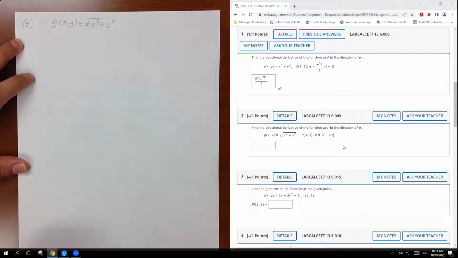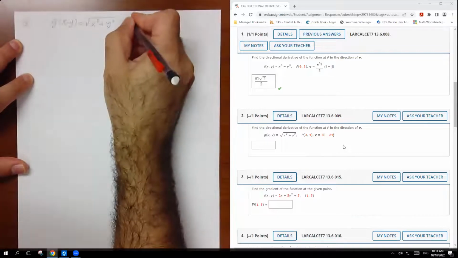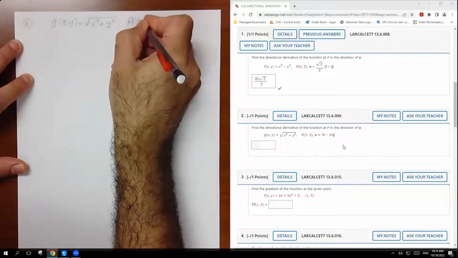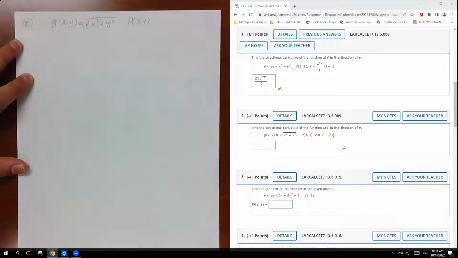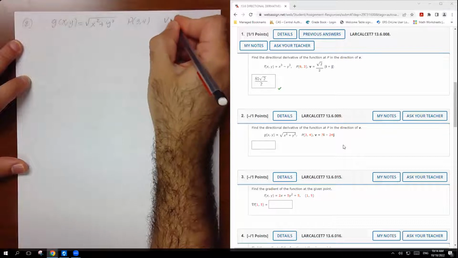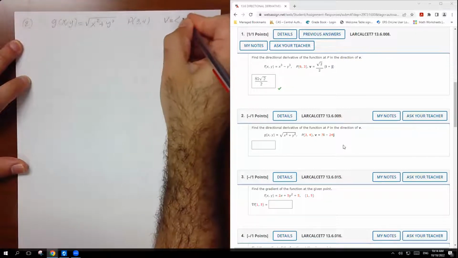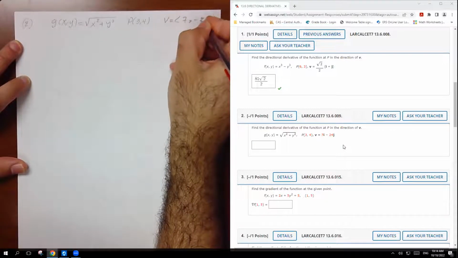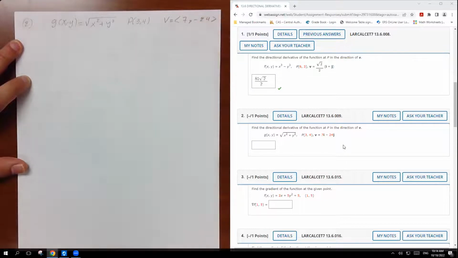The point is P (3, 4), and we have the vector V is 7i minus 24j. I'm just going to write the vector in component form, which is 7 and negative 24. Okay, so let's work on this one.